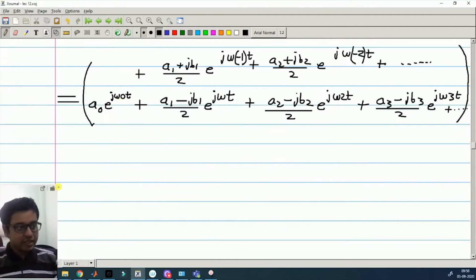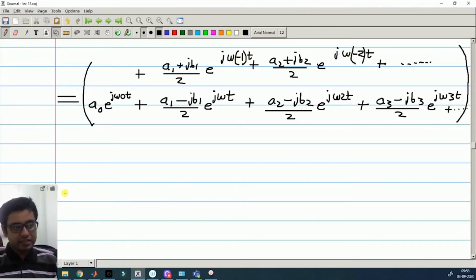Now you see that this is a sum over many complex exponential terms: e to the power j omega 0 t, j omega 1 t, j omega 2 t, 3t, 4t, here j omega minus 1 t, minus 2, and so on.